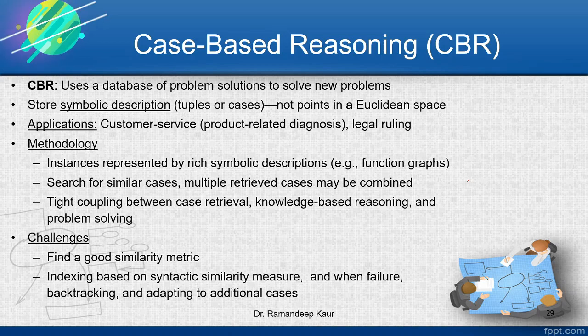For example, in customer service or product-related diagnosis, the customer care service has already seen that if a customer has this problem, then this was the correct solution given. So if a new customer comes with some problem, it will recall the previous categories of problems it has faced, and if for problem X a particular solution was given, it applies that.